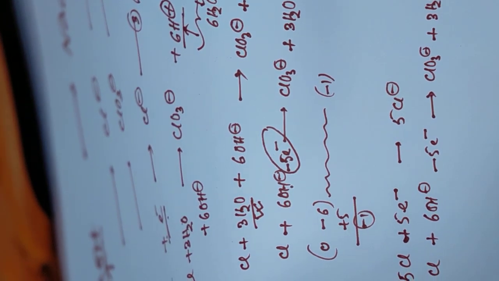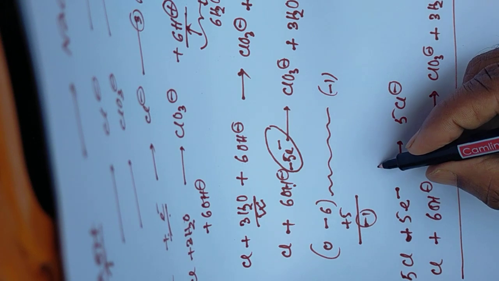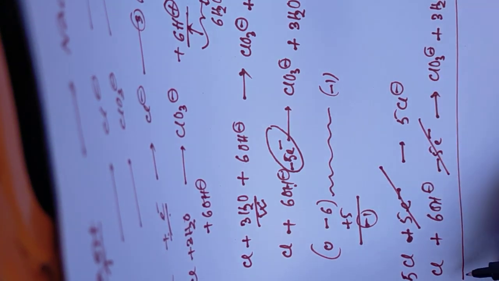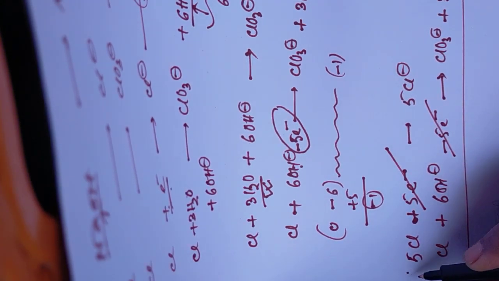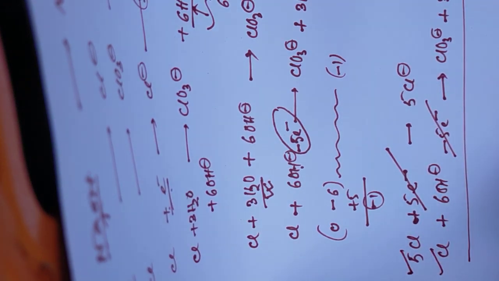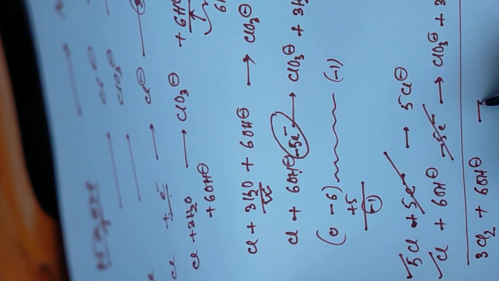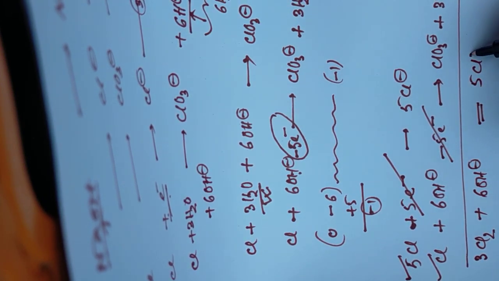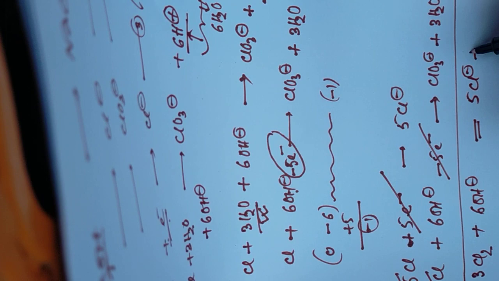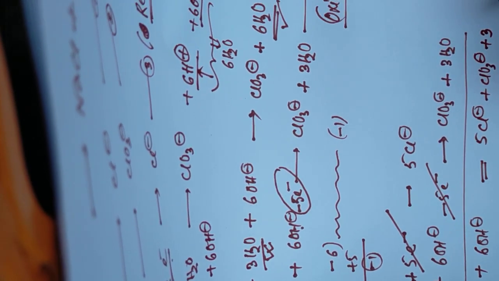Now adding these equations, the 5 electrons cancel, and 5Cl and 1Cl make a total of 6Cl. 6Cl means 3Cl2, with 6OH-, then we get 5Cl-, ClO3-, 3H2O.